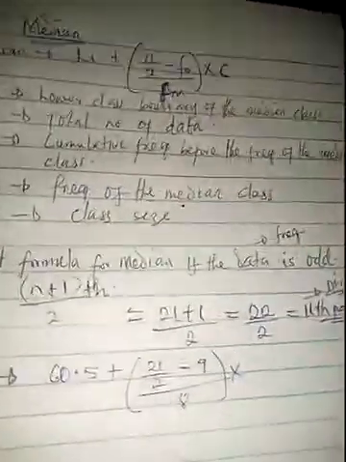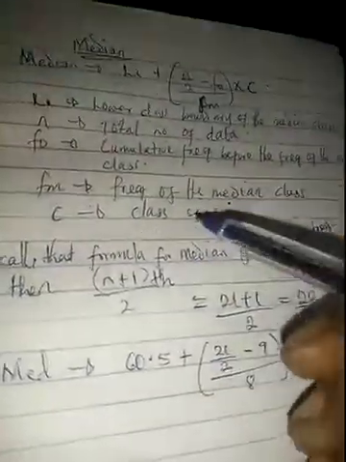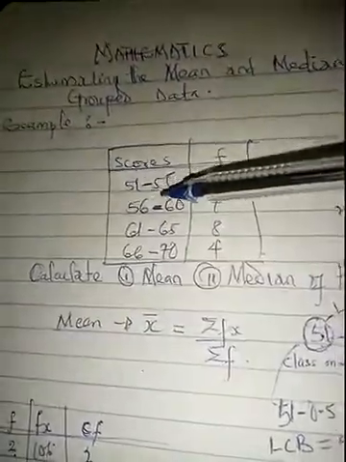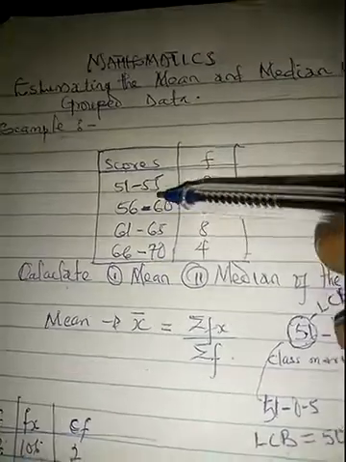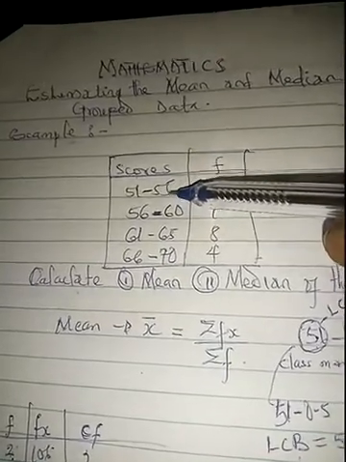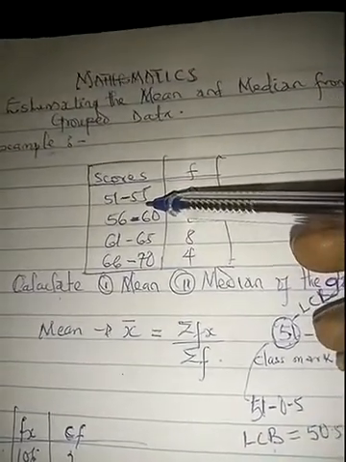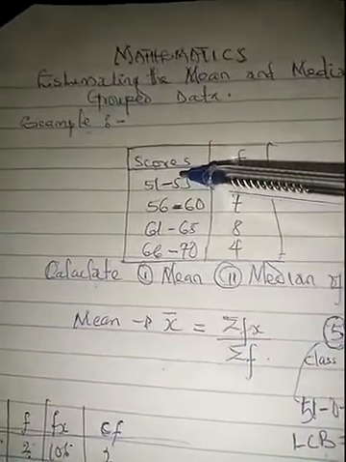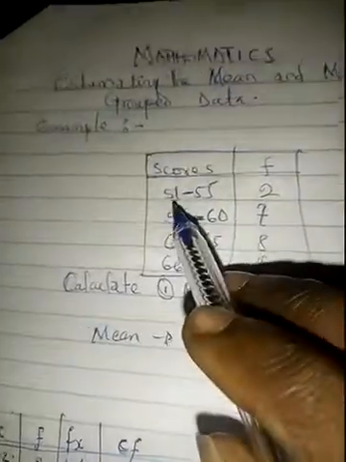How do we get the class size? c is representing class size. You can see it on the screen. How do we represent our class size? You can see from the table that all of them have equal class size. That is one of the unique parts of the class interval: it must be such that they have the same class size.